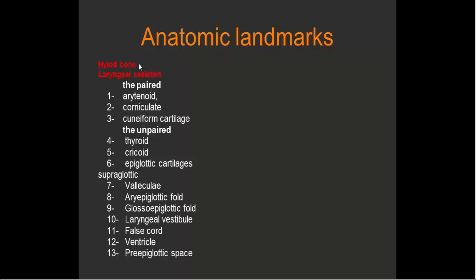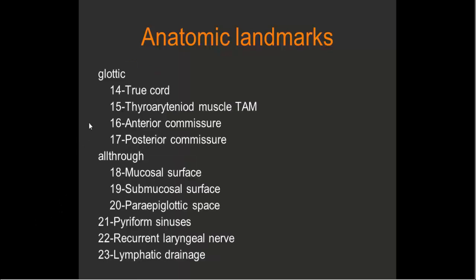First, we start with the hyoid bone, then the laryngeal skeleton, either paired or unpaired cartilage. Paired: arytenoid, corniculate, cuneiform. Unpaired: thyroid, cricoid, epiglottic cartilage, the 3 single. The supraglottic space contains these structures: valleculae, ariepiglottic fold, glossoepiglottic fold, laryngeal vestibule, false cord, ventricle, pre-epiglottic space.